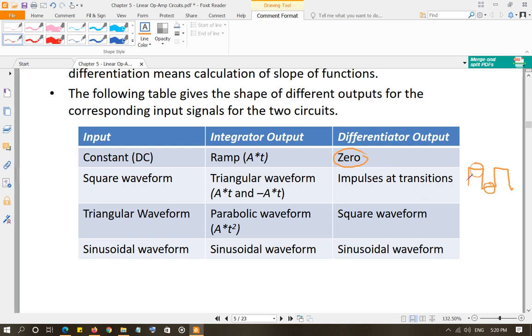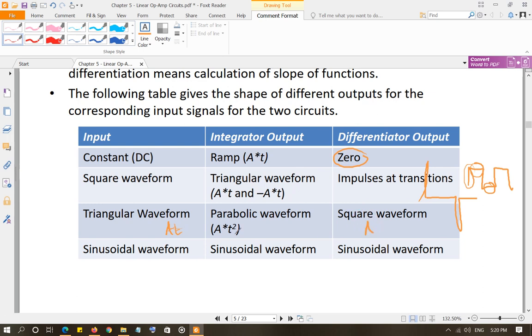But when it is going from 0 to 1 or 1 to 0, the derivative of this is going to be impulses, because remember, the derivative is the slope of the line, and the slope of this line is infinite. So when you have the transition, you can have spikes, and then 0, and then a spike again, and then 0.